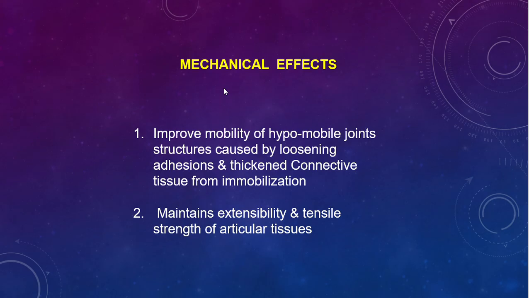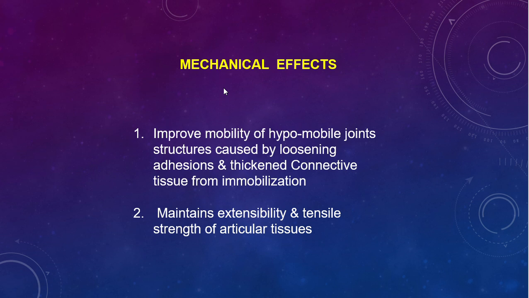We do not apply mobilization or manipulation when there is hypermobility. If we notice hypermobility in a joint, we will not apply mobilization. We will check the adjacent joint, and if we find that it is hypomobile, we will apply manual therapy there. But we will not apply manual therapy on hypermobile joints. Instead, we do stabilization on hypermobile joints.